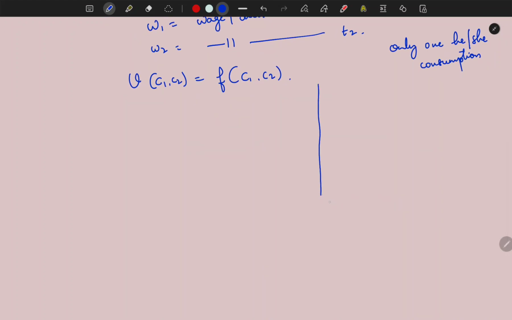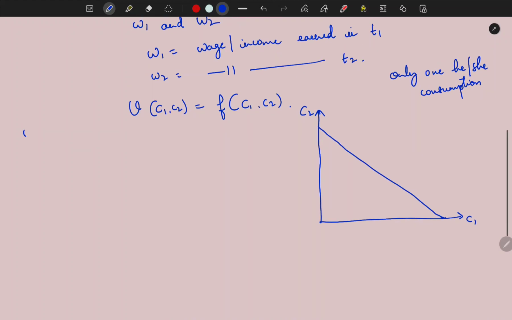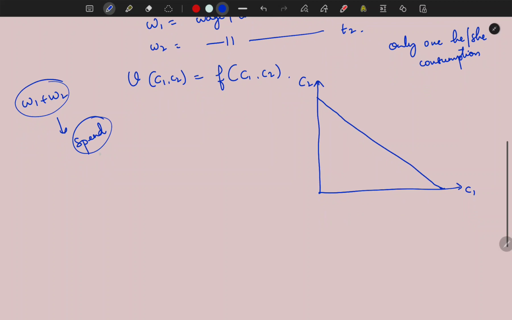In the XY plane, we'll talk about C1 and C2, and this is the consumption graph. Now, total money he has, W1 plus W2, that he needs to spend by consuming C1 and C2.